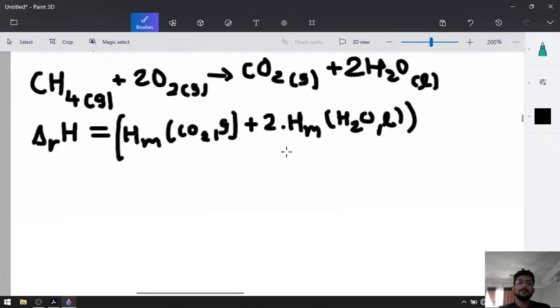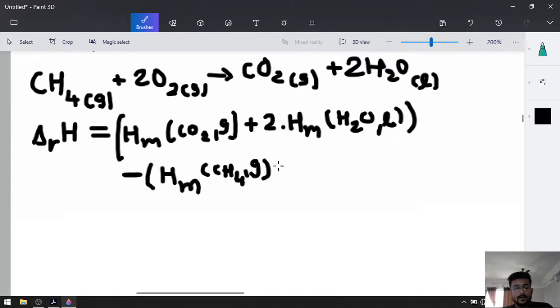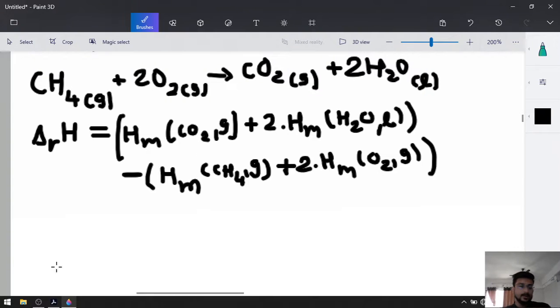These are the product enthalpies, minus the sum of the reactant enthalpies. So we have the reactant methane, in a gaseous state, plus 2 moles of O2, so 2 into Hm of O2, in a gaseous state. This will be the formula for the given reaction.